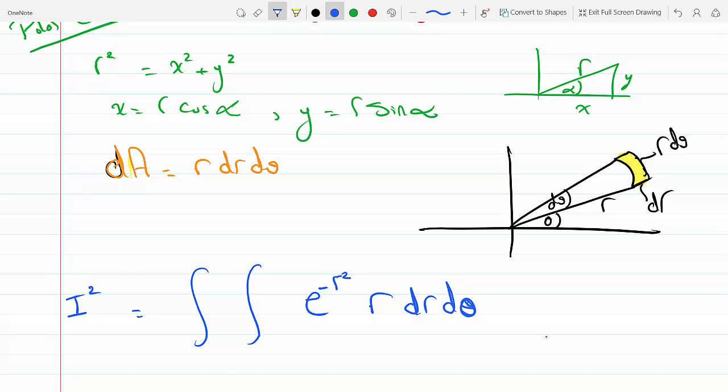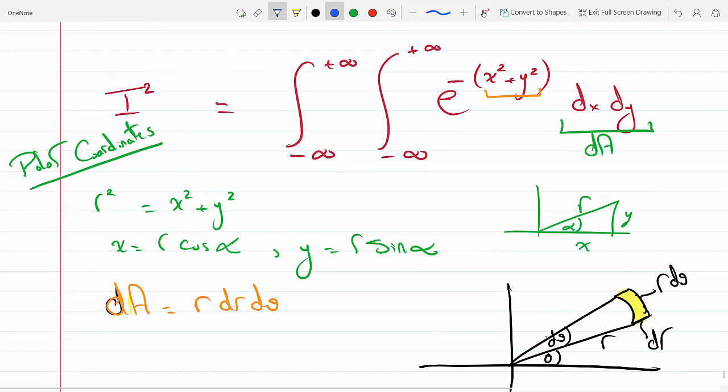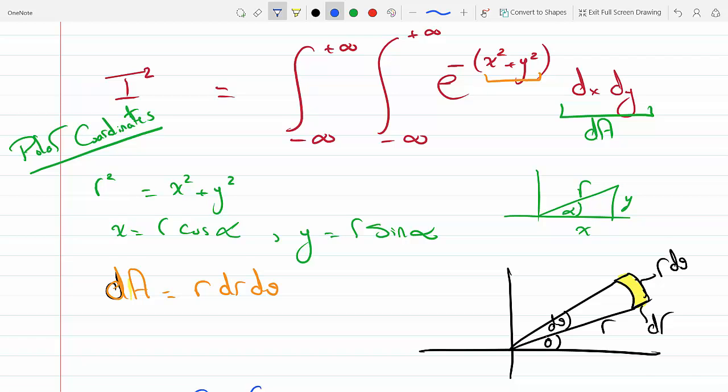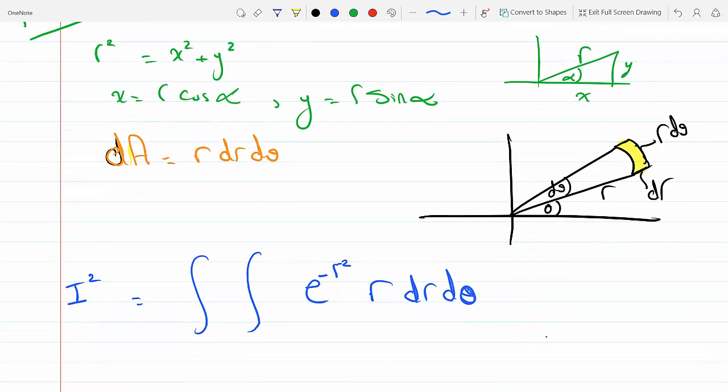Well, for the bounds, since we have x going from minus infinity to infinity, in other words, the entire plane, and y is the entire plane, that means we have a circle of infinite radius, which means r will integrate from 0 to infinity.